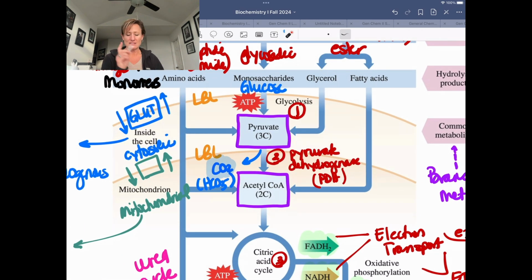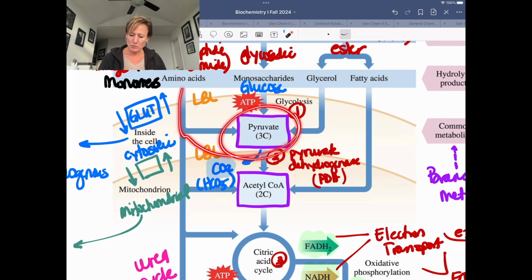Highlighting amino acids. When we drew amino acids last semester, we had an amino group, a carboxylic acid group, and then an alpha carbon that had those different side chains. When we talk about metabolizing amino acids, one of the first things that we do is get rid of the amino group, and we're left with what we call an alpha keto acid skeleton.